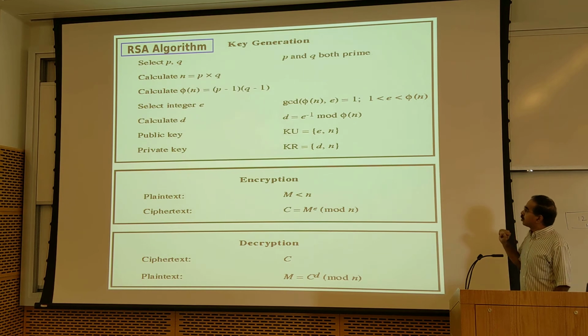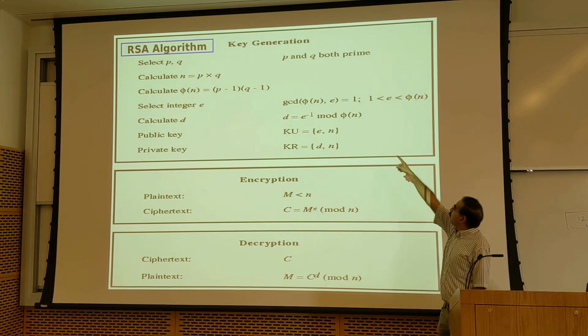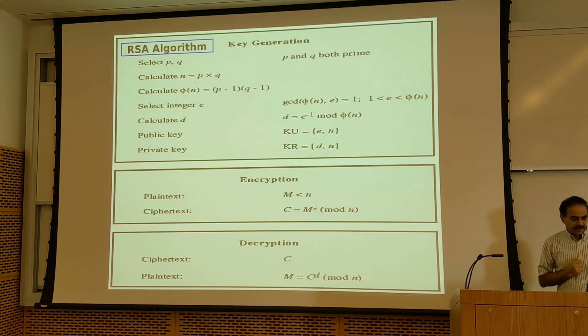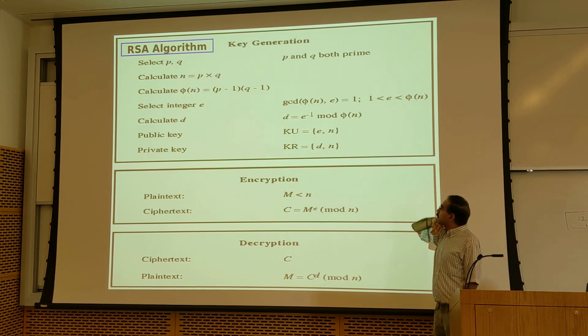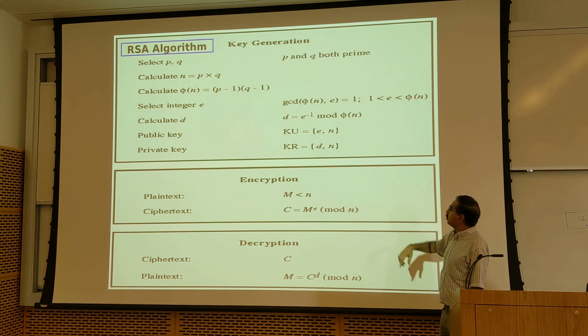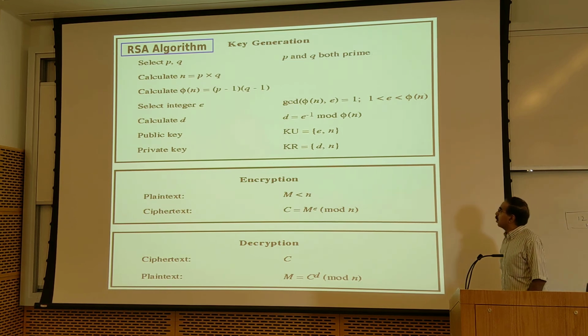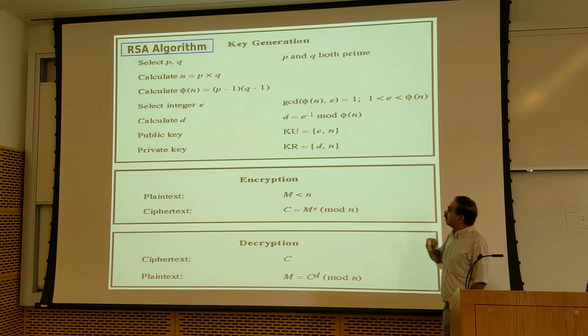Okay, and so you have to select the exponent e in such a way that it satisfies the condition that the greatest common divisor of phi of n and e is 1, and then you can figure out d based on this formula: d equals the inverse of e when you use modulo arithmetic with base phi of n, and then you can talk about what is a public key and private key.